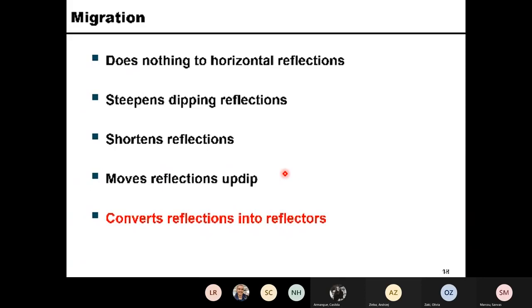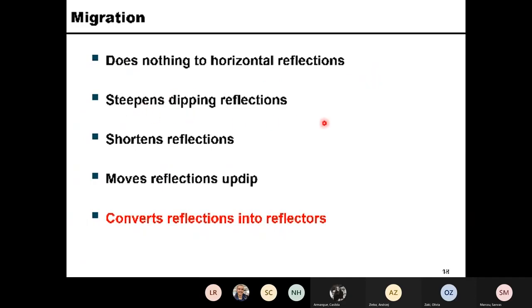Which is 90 degrees perpendicular to the reflector. So that means the distance between two midpoints will be constant after migration. You see that? That's why for horizontal reflections, after migration, you do not see any change. Maybe you have some changes due to the small angle or due to the artifacts, but it should not.